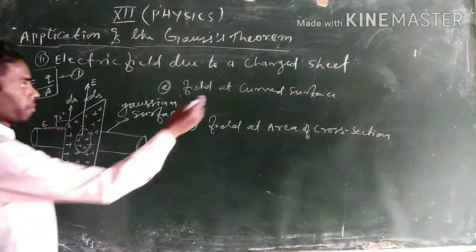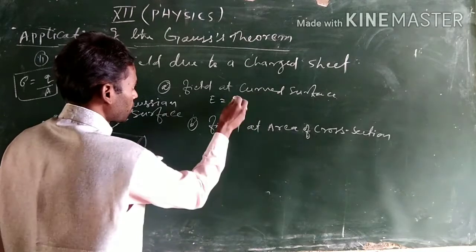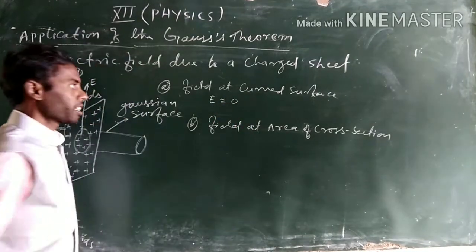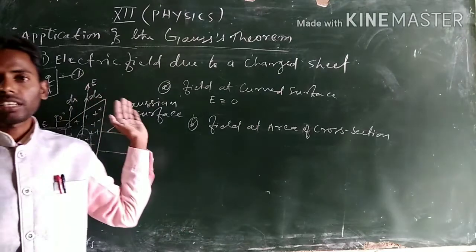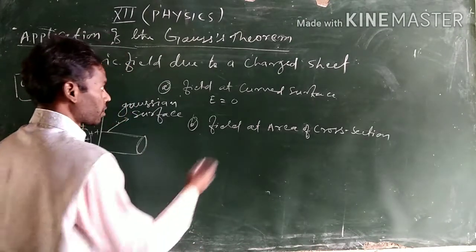That means the electric flux at the curved surface area will be 0, because of the angle between the electric field and ds, where ds is the area of that surface.